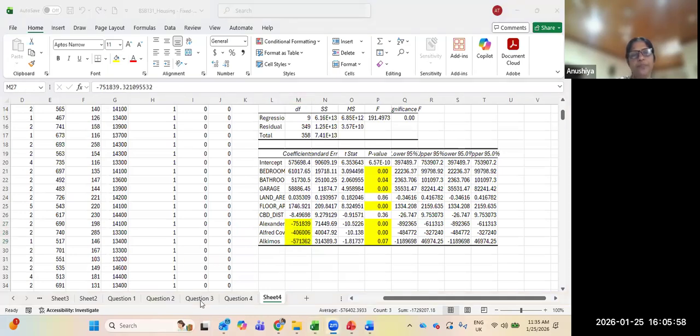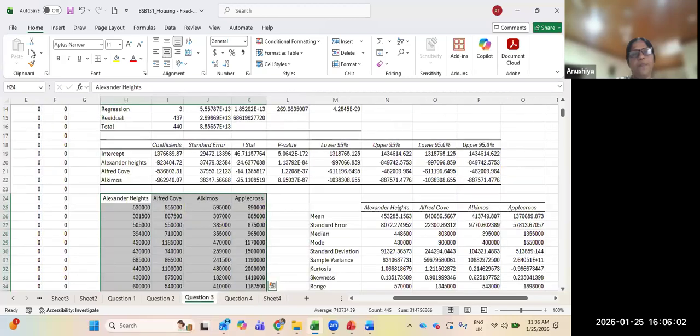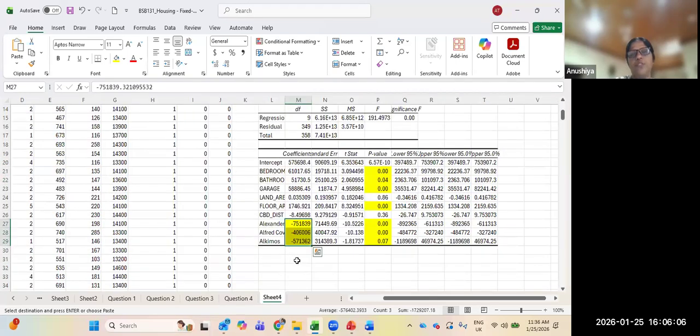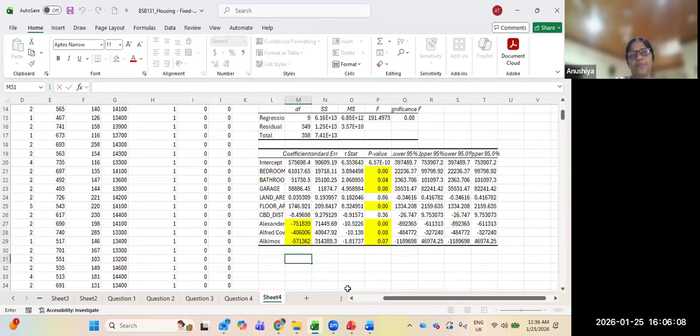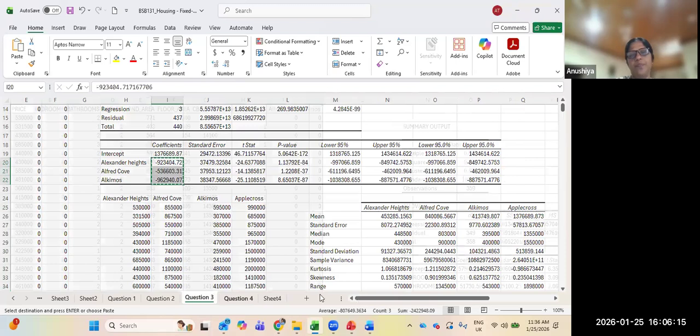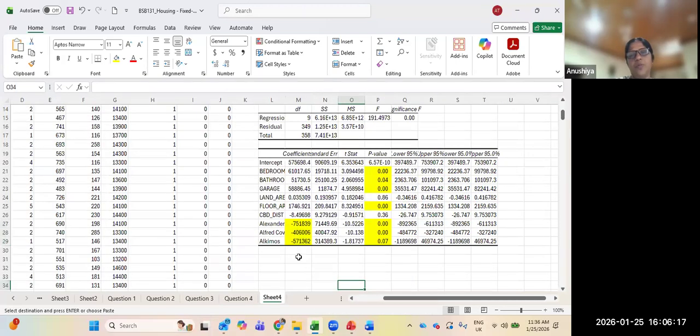In question number 3, we have the coefficient, and if you look, the coefficient is different from question number 3.